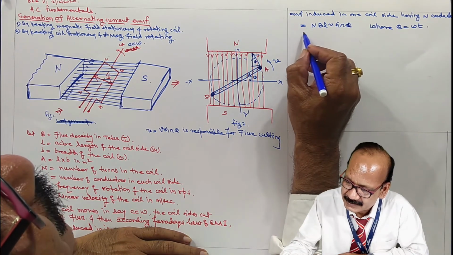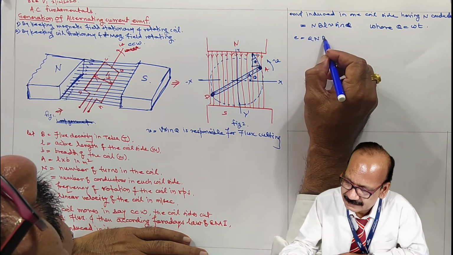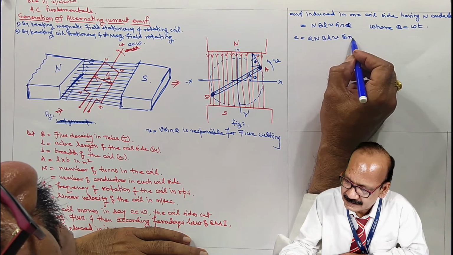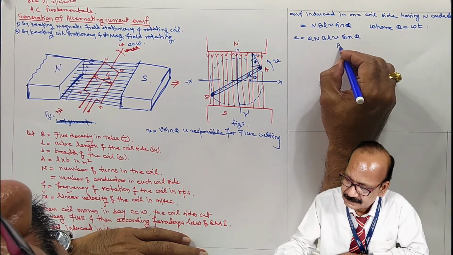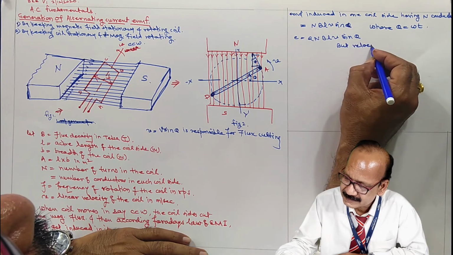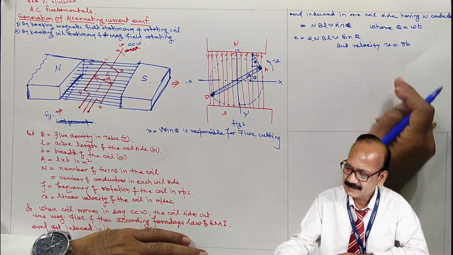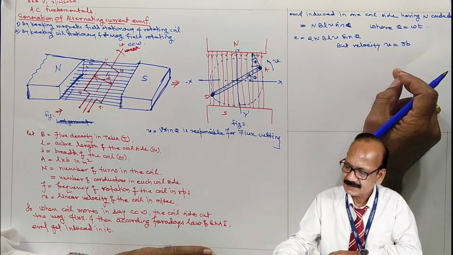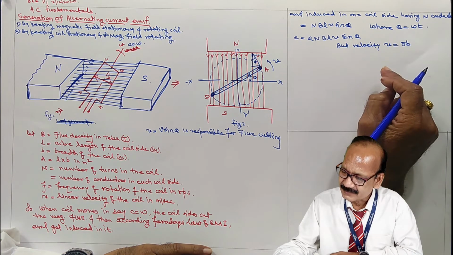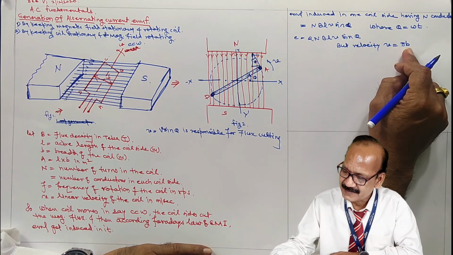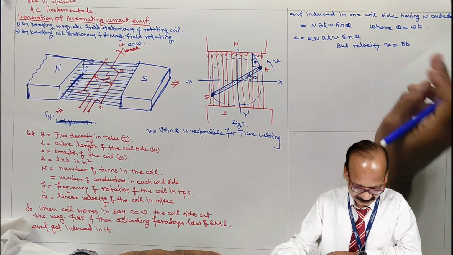Therefore, EMF induced in two coil sides equal to twice N B L v sin theta. But velocity v equal to pi b, means velocity is nothing but the displacement upon time, that is during one rotation the distance covered is pi b, where b is the breadth that acts as the diameter of the coil. B is the breadth or diameter of the coil.